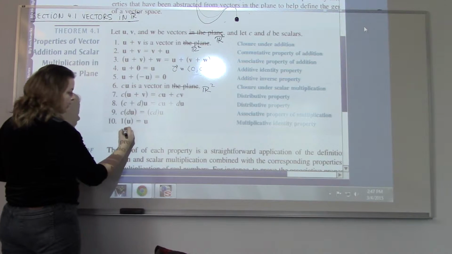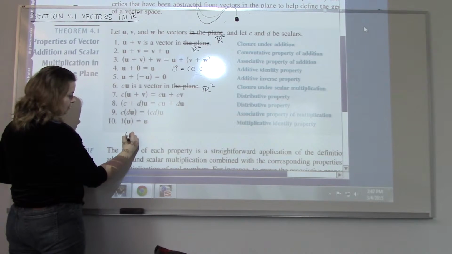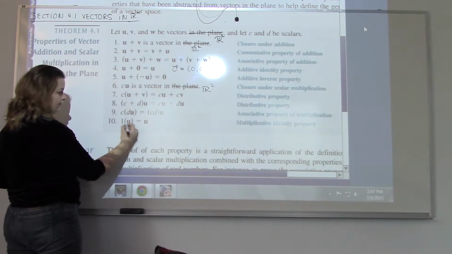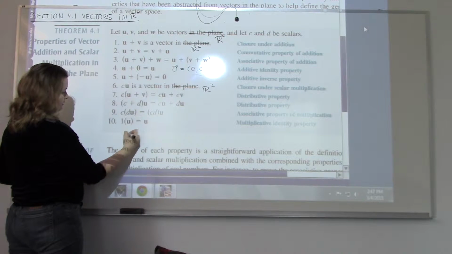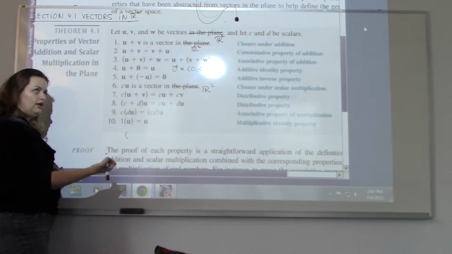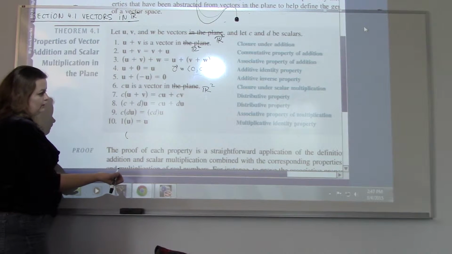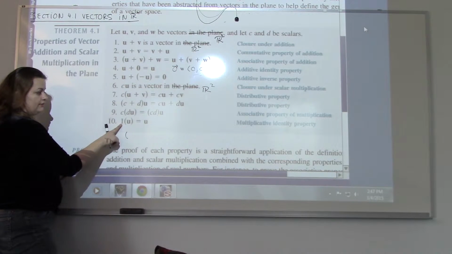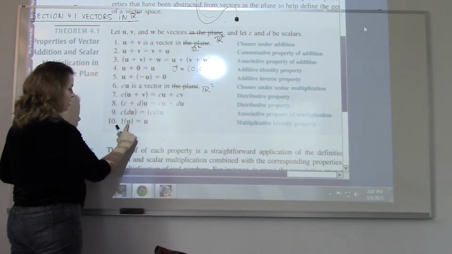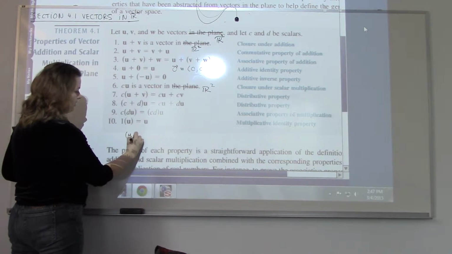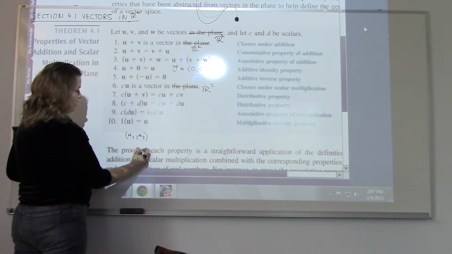So who would be the multiplicative identity in this case? We have not defined any other type of multiplication other than scalar multiplication. In our case, this 1, is it a vector or is it a scalar? Let's look at it. u is a vector, so we're going to call that u1, u2.